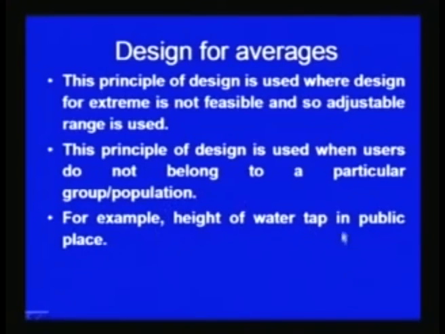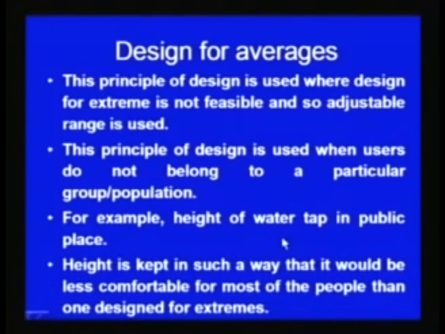A public water tap can be used by a person of any height. He may be a child, or he may be an adult also. So, the height of the water tap is decided in such a way that it would cause less inconvenience to the persons who will be using it.